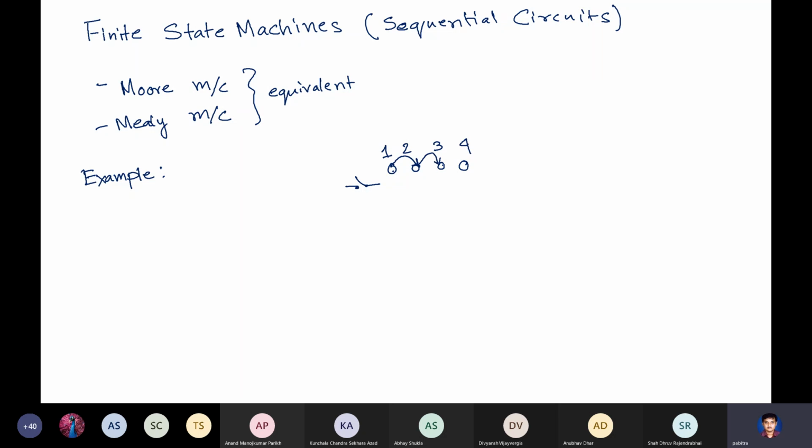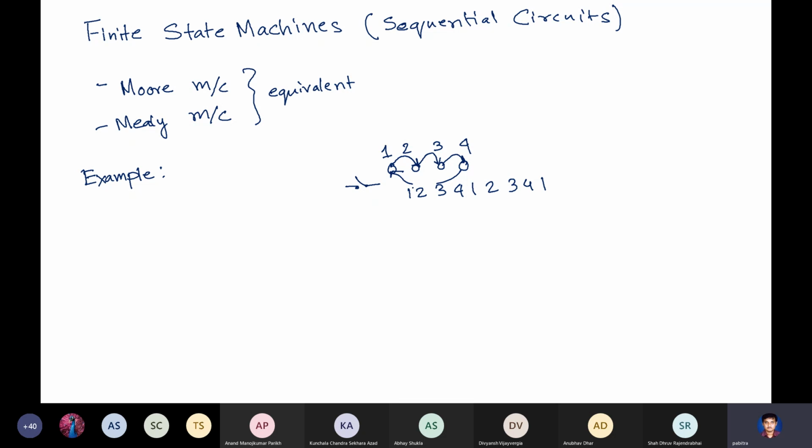So in this sequence, 1, 2, 3, 4, and then again back to 1, then 2, 3, 4, and then again back to 1, they glow. How do you mathematically represent this sequence of events? Mathematically represent meaning, if you follow this mathematical structure definition, you would be able to generate this sequence. You represent it using a finite state machine.